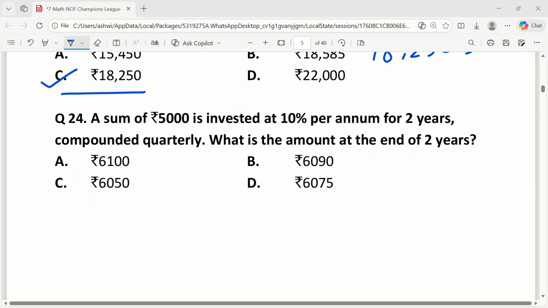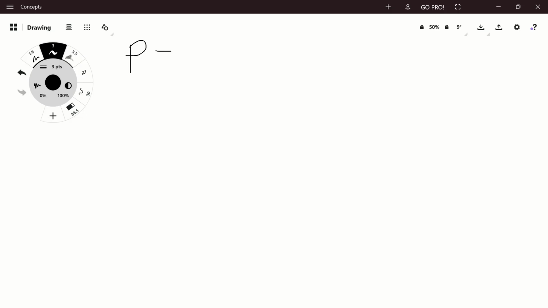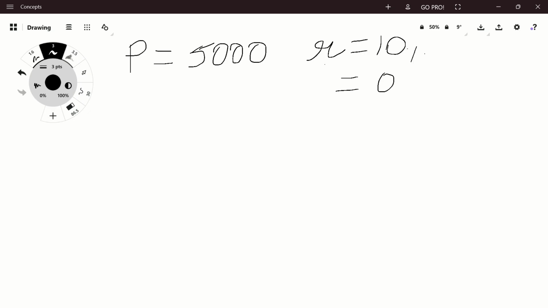Question 24. A sum of rupees 5,000 is invested at 10% per annum for 2 years, compounded quarterly. What is the amount at the end of 2 years? The principal amount P is equal to 5,000. The annual rate of interest R is equal to 10%, which is equal to 0.10.